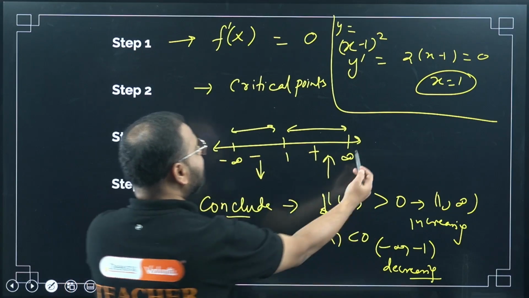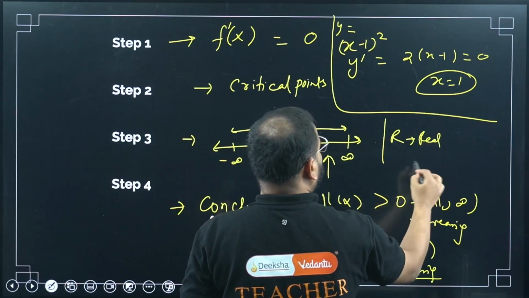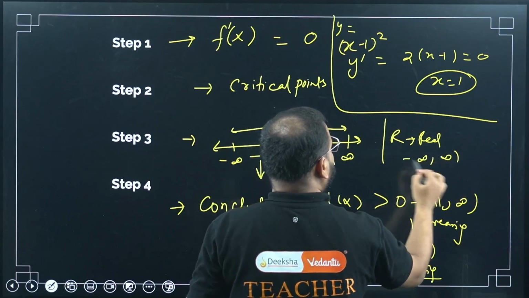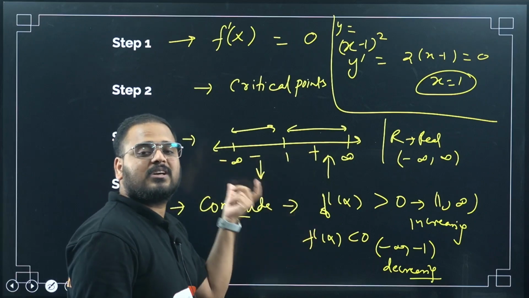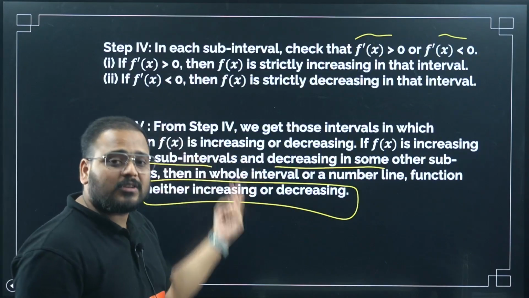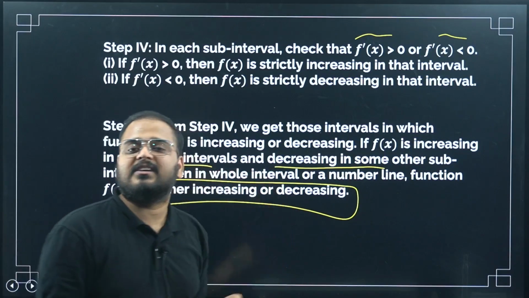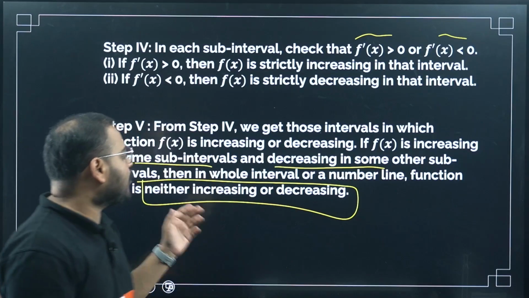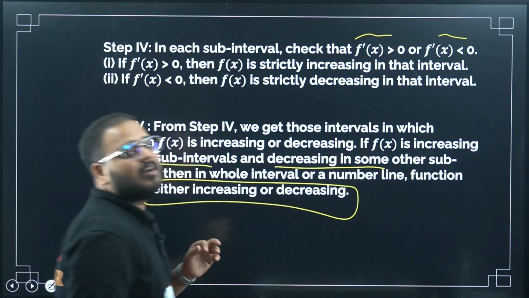But what about the entire real numbers, minus infinity to plus infinity? Neither decreasing nor increasing, because a single trend is not there. If two different sub-intervals have one where it is decreasing and another where it is increasing, then I cannot call the function either increasing or decreasing. That's why neither increasing nor decreasing.